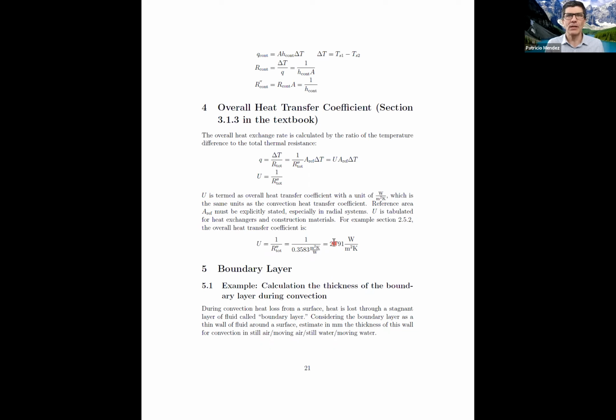If you had only convection, U equals h. But if you have convection and conduction and radiation, all those together, you get the total resistance per unit area, you flip it into the reciprocal, and that becomes U, which is tabulated.